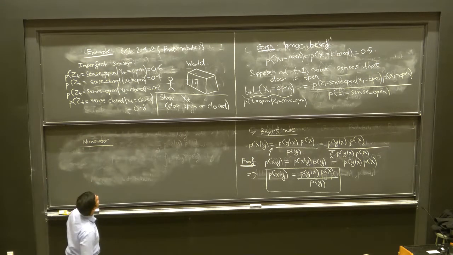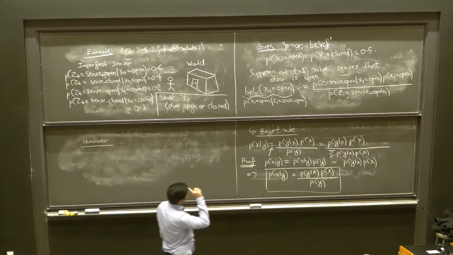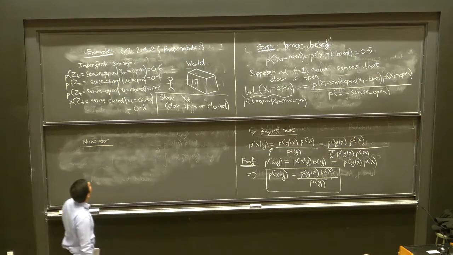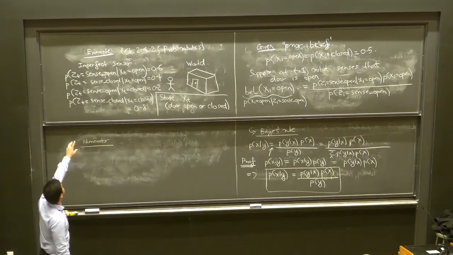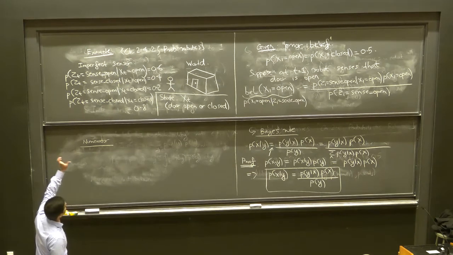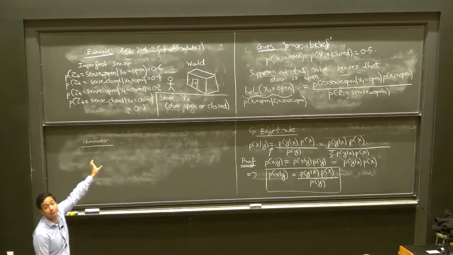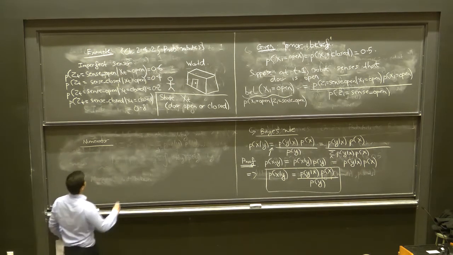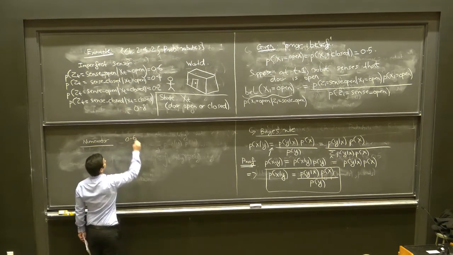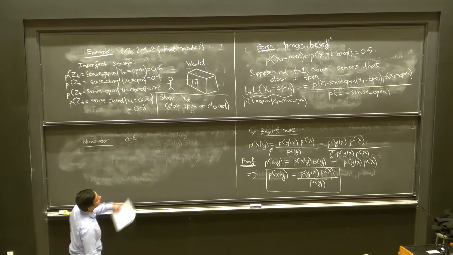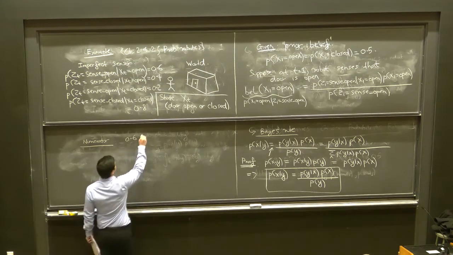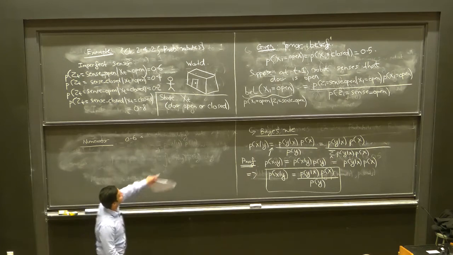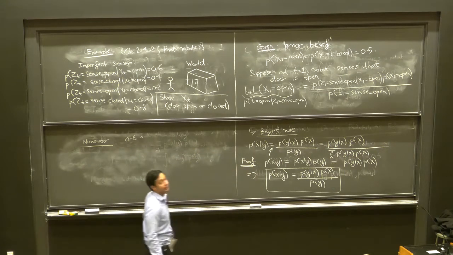The numerator is P of z, sensed to be open, given that the door is in fact open. That comes from our probabilistic model of the sensor. So the probability that we sense the door to be open, given that the door is in fact open, is equal to 0.6 by assumption, multiplied by the prior probability that the door is open, and that, again by assumption, is equal to 0.5.